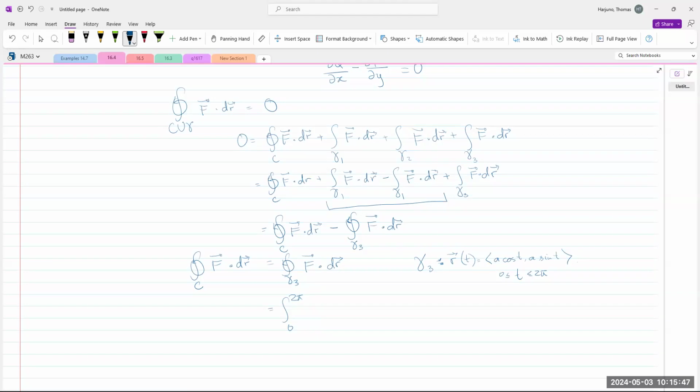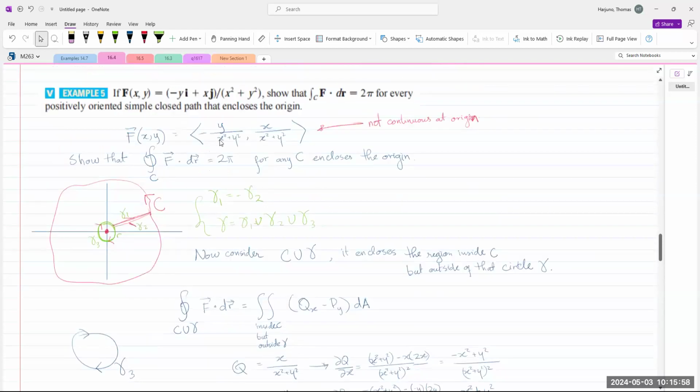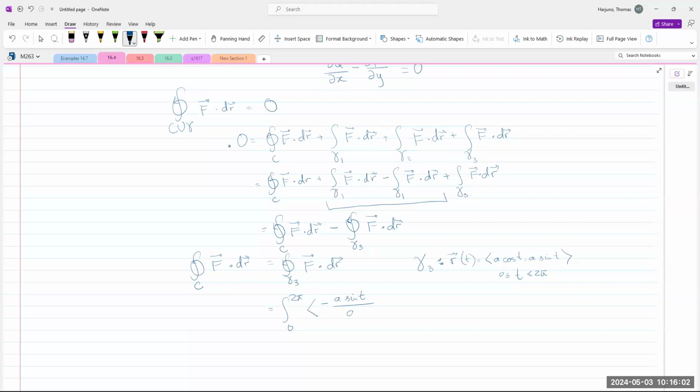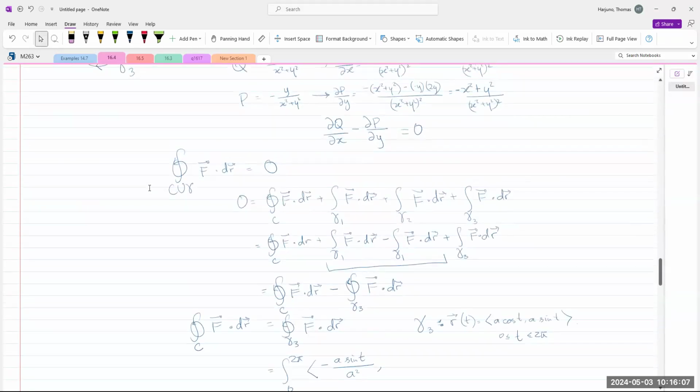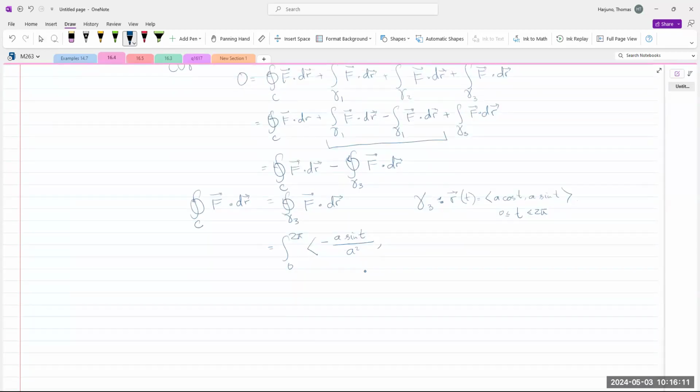Okay, what is the f? F is negative y over x squared plus y squared, comma, the q is x over x squared plus y squared, dot dr.